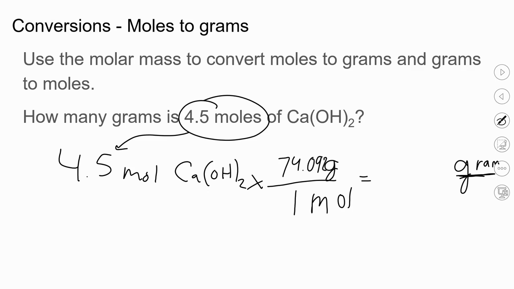We added 1 calcium, 2 oxygens, 2 hydrogens. We got this many grams for 1 mole of calcium hydroxide. Okay. Moles of calcium hydroxide cancels, and we end up with grams of calcium hydroxide. And then all we're going to do is 4.5 times the molar mass.